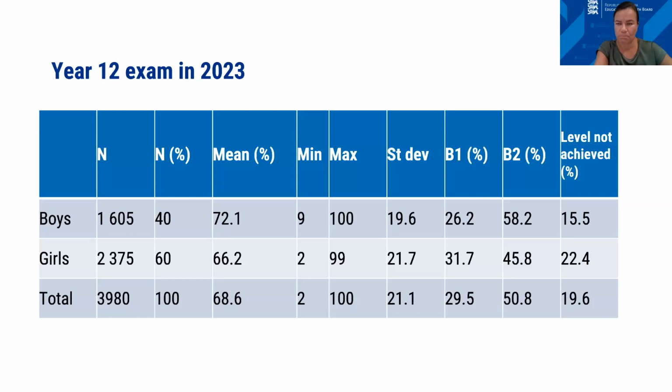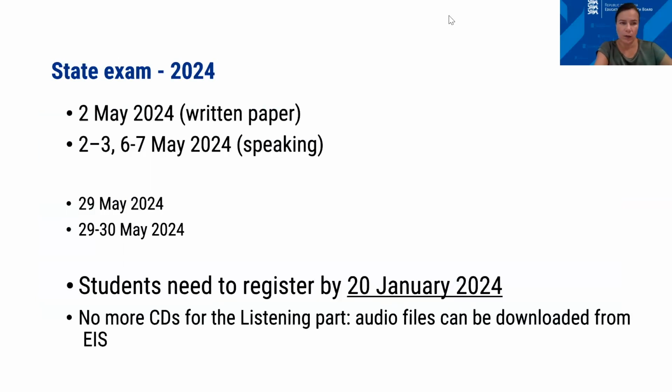Okay, now talking about the next year, the state exam, the written paper will be on the 2nd of May, and then schools have 4 days to take the speaking test.